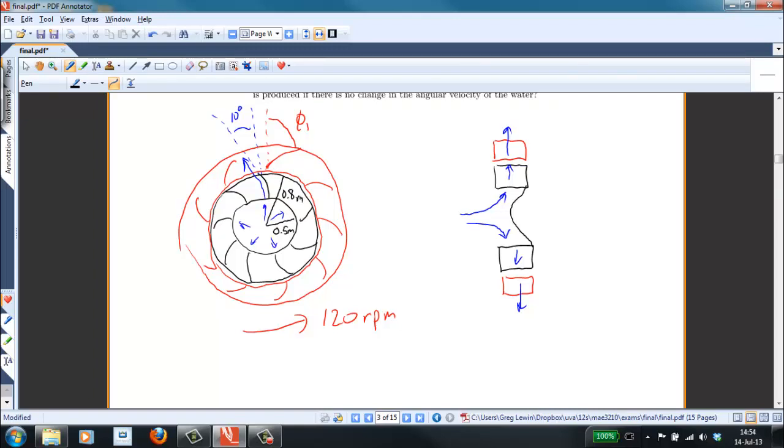And then the inner radius of the rotor will also be considered 0.8 meters. And the outer radius of the rotor will be 1.5 meters. That's the radius all the way from the outer edge to the inside, not just the thickness of the rotor there.